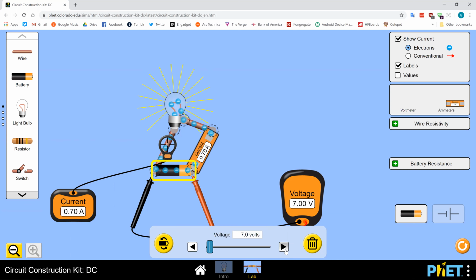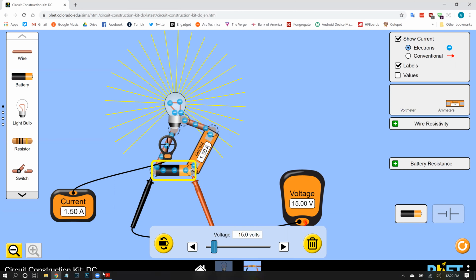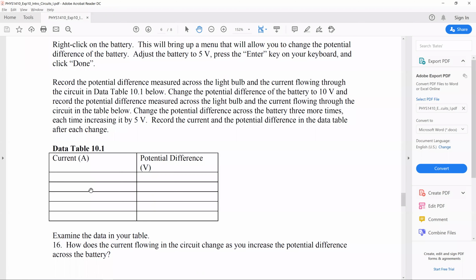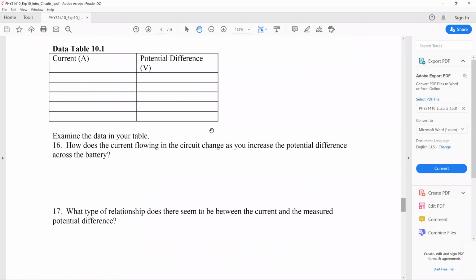Then I'll increase this to 10 volts and record the current and the voltage. Increase to 15. Same thing. So you just keep going up by 5 volts until you've got the table filled in. So this would be 5, 10, 15, 20, and 25, and then you record the currents there.